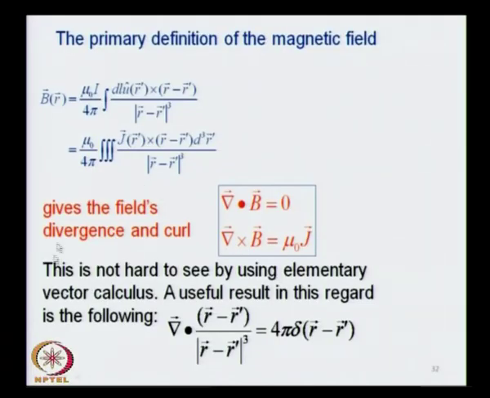So, this is coming straight out of vector calculus, and some of the properties which you will find rather useful in this context is this expression that if you take the divergence of this vector, it will generate a delta function. I have already introduced the delta function in the previous class. So, some of these things are left as exercises, but this is something that one would do. One would actually prove this if this were to be a full course on electromagnetic theory, which it is not.